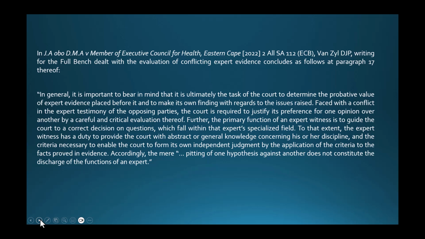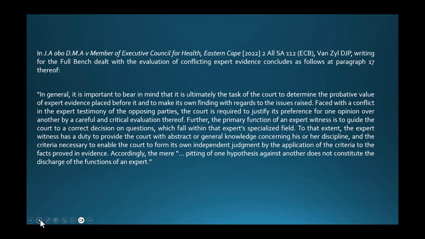As an expert, you have a duty to provide the court with abstract or general knowledge concerning your discipline. In other words, to put the court in the picture as far as your discipline is concerned, and the criteria necessary to enable the court to form its own independent judgment. Remember the court used the words a guide.